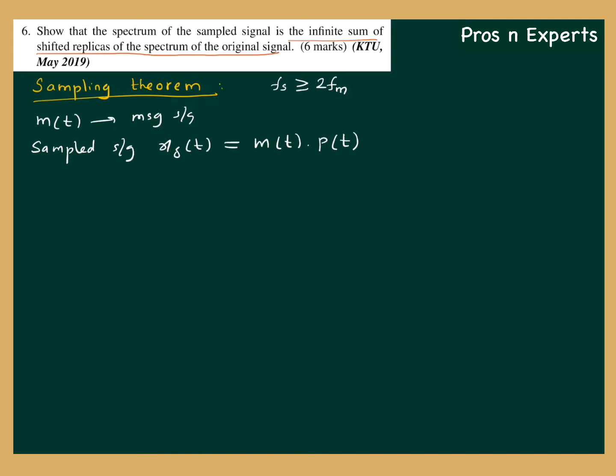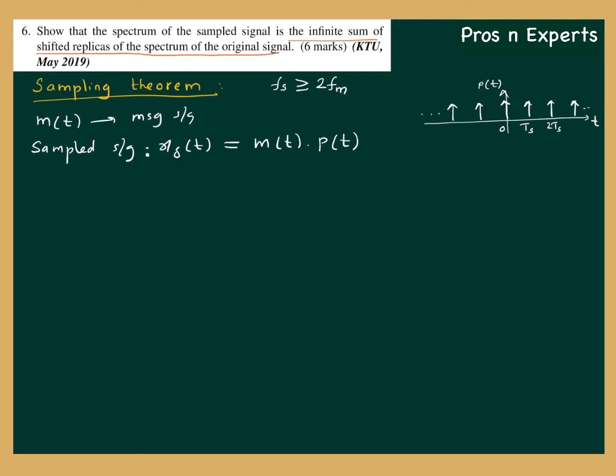You know what an impulse train is? This is an impulse train, just as the name suggests, a train of impulses, each impulse T seconds apart. This is in the time domain, and this is my p of t. So the sampled signal is nothing but the message signal multiplied in the time domain with p of t, where p of t is the impulse train.